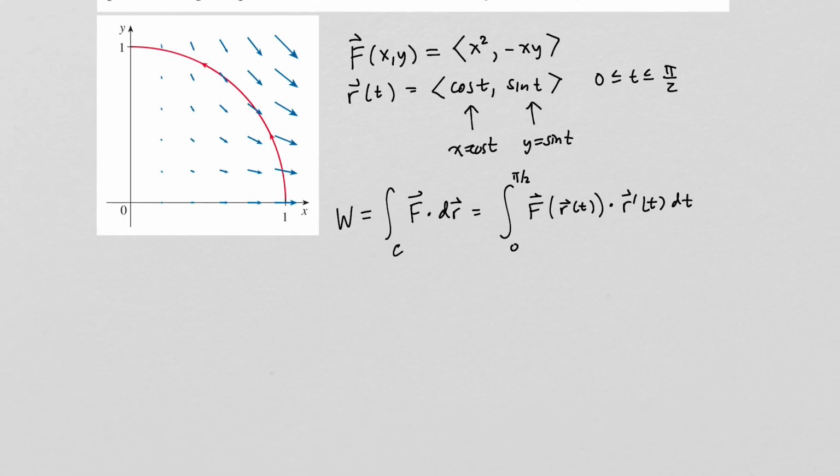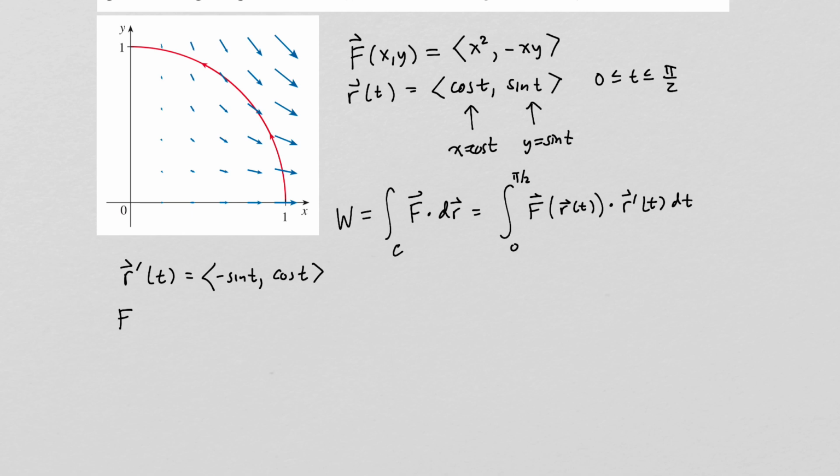So what we need to do here is calculate r prime of t. r prime of t is basically just a vector valued function where we take the derivative of each of these components with respect to t. So that is negative sine of t and cosine of t.